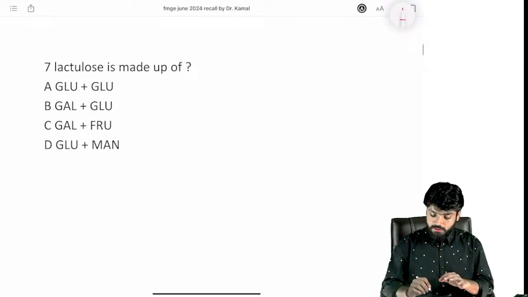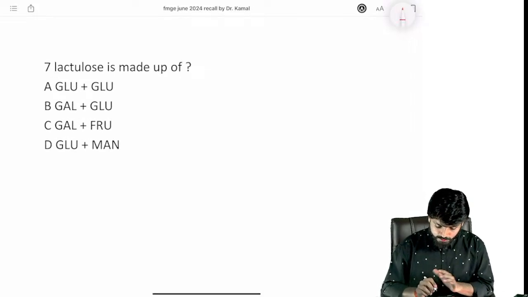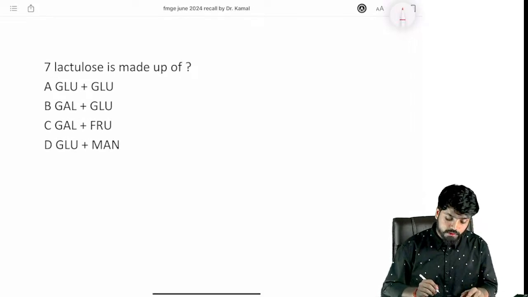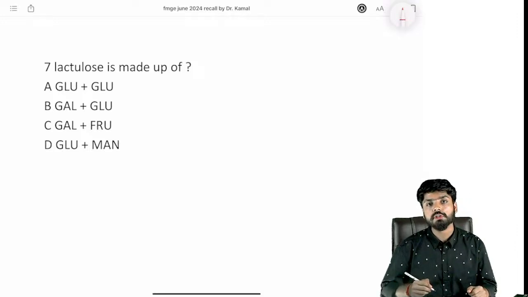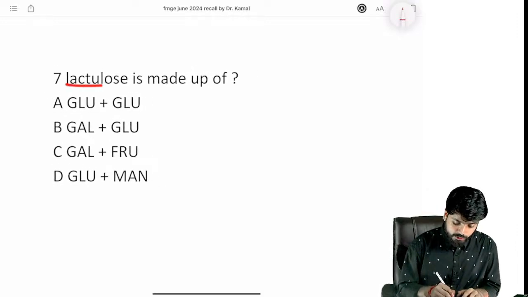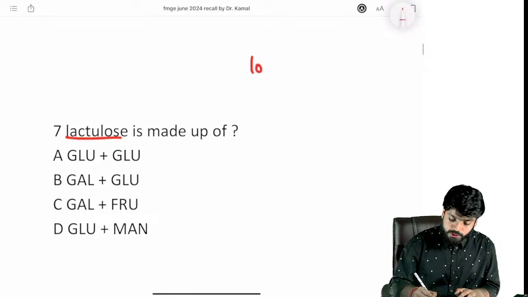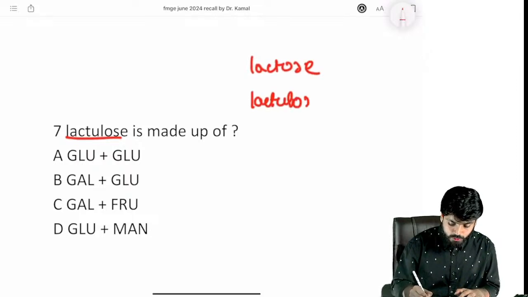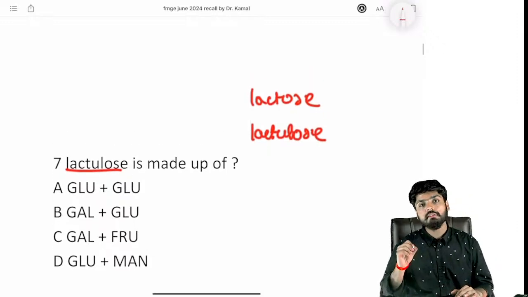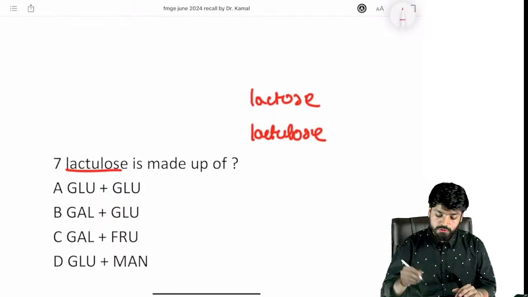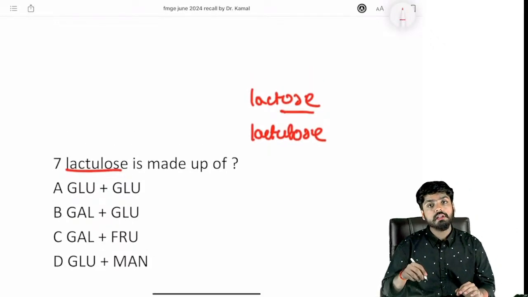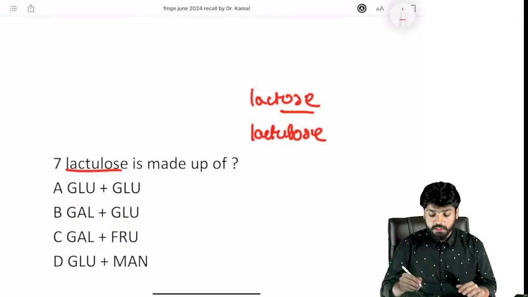Now next, this is a very basic question that we came across: the building unit or subunit of lactulose. Always remember there are two things: lactose and lactulose. Whenever the subunit is glucose, it will be ose, but if it is replaced by fructose, it will be ulose.